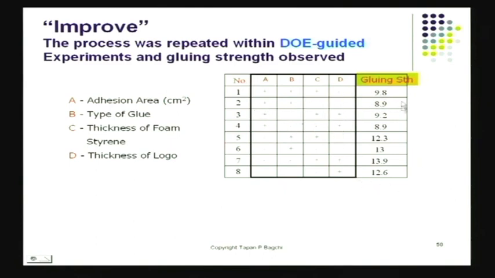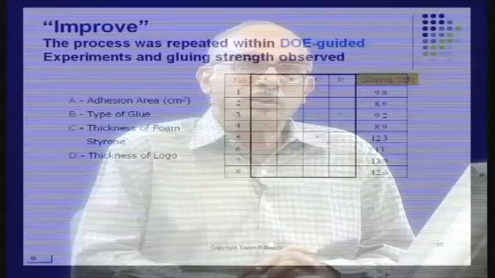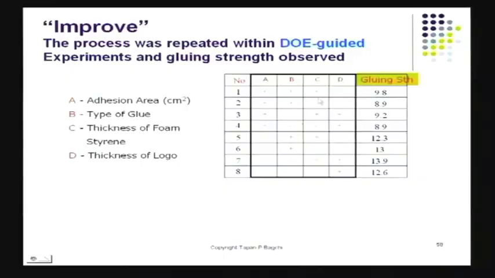When all these experiments are done, remember this side of the matrix is an orthogonal matrix, an orthogonal experimental design scheme. It has 8 trials, and 4 factors that are being varied according to the settings here, and these are the resulting numbers.